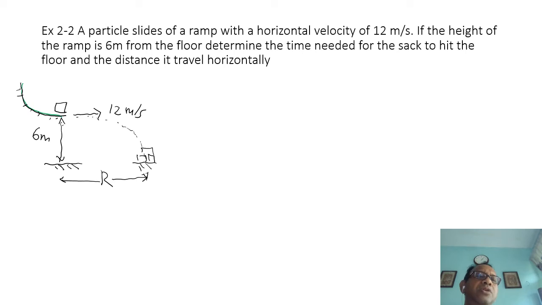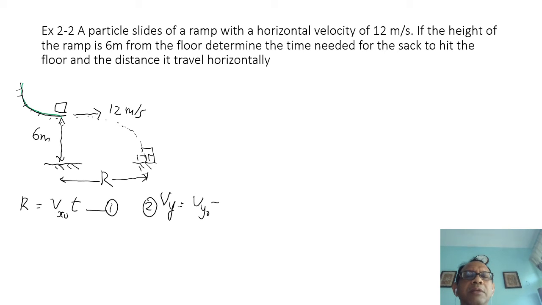So for the range, we have two sets of equations. We know that R equals Vx naught t. That's the first set of equation. And we know that y, the distance traveled, where Vy equals Vy naught minus gt.